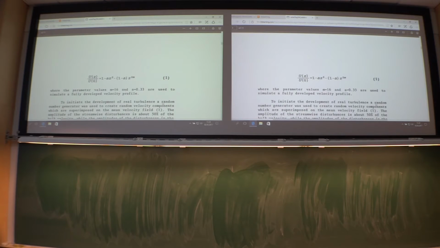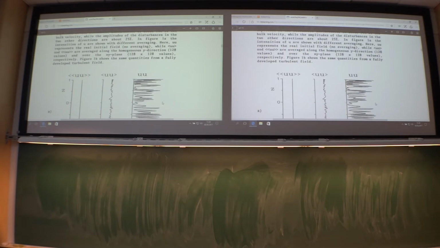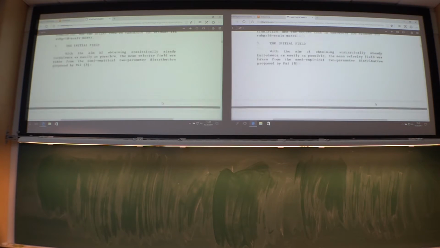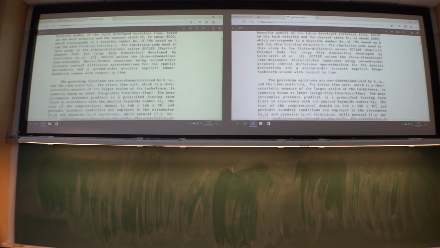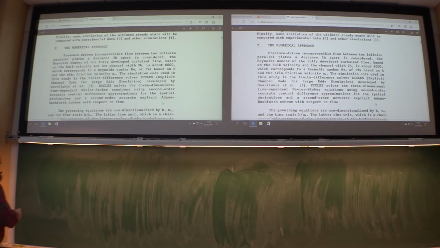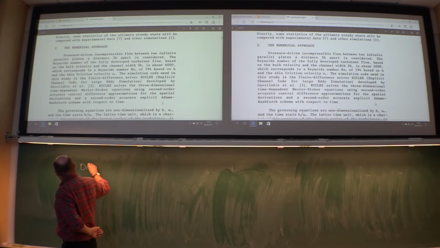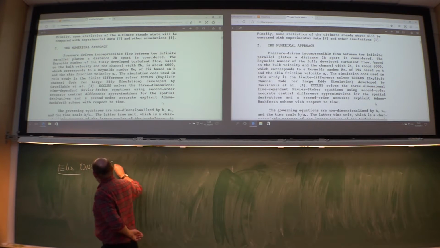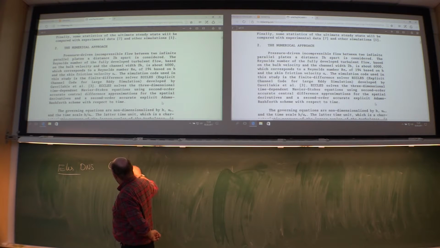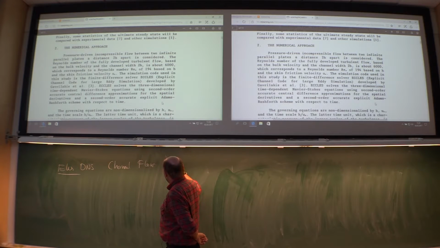And the problem here, we need the geometry actually. Yeah, we can take it here. As an example for a DNS, channel flow, which is then, well actually it's a one-dimensional problem.